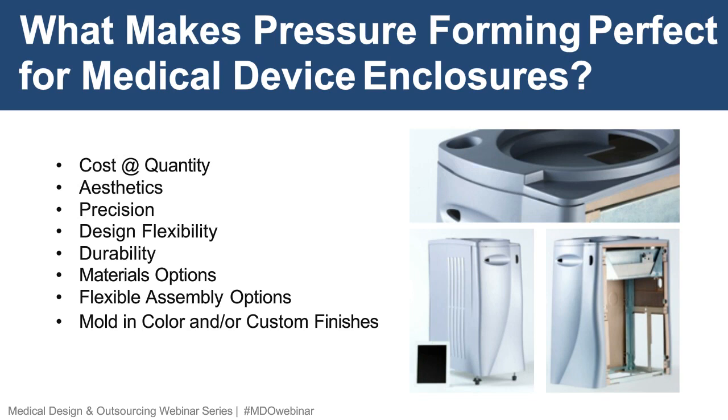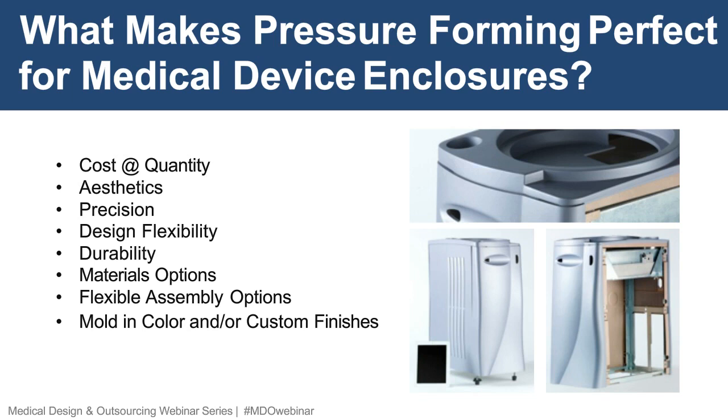Design flexibility. One of the nice things about pressure forming is we very rarely ever see the need for a tool rework. This is going to save you money and time to market. Durability. Thermoplastic materials that have a high impact. Material options. Almost any thermoplastic material can be utilized in the thermoforming process.